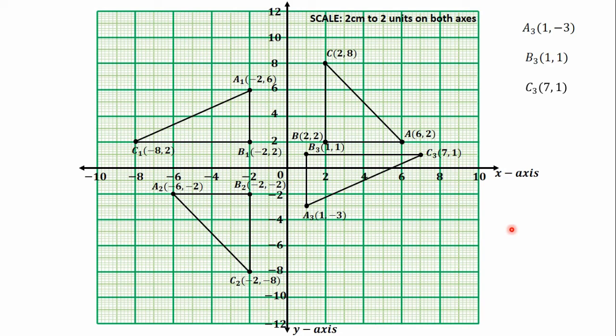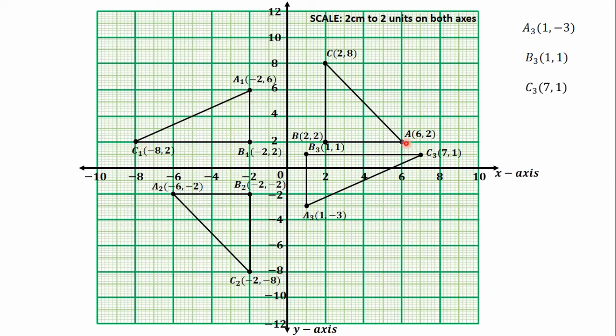We have now solved the question we started in the previous video. So we started this question by drawing the triangle ABC. Then we rotated triangle ABC through a 90 degrees anticlockwise angle about the origin to get triangle A1, B1, C1.